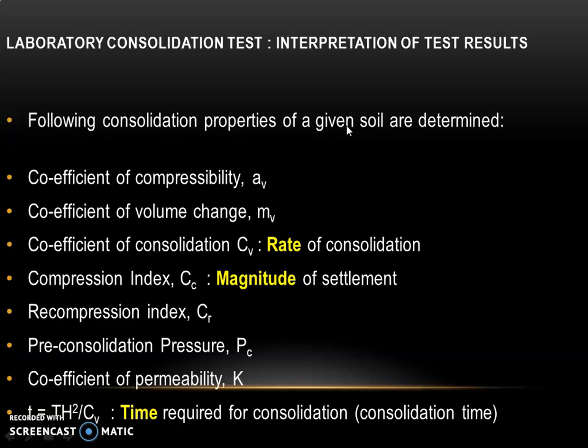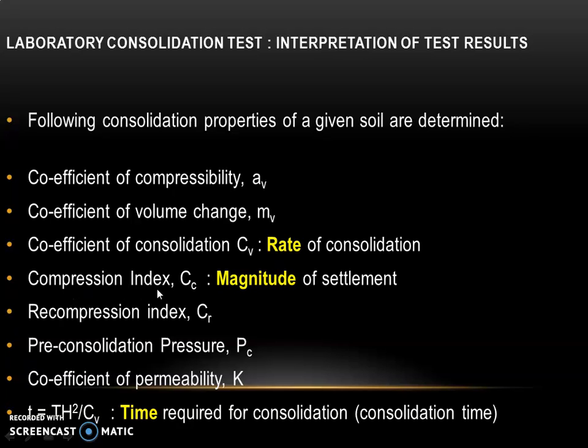The following consolidation properties of a given soil are determined. First one is coefficient of compressibility, which is denoted by av. Next is coefficient of volume change, denoted by mv. Then coefficient of consolidation, denoted by cv, which gives us the rate of consolidation.